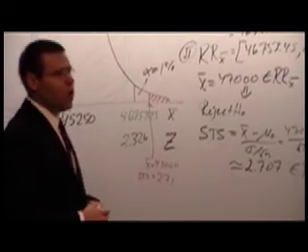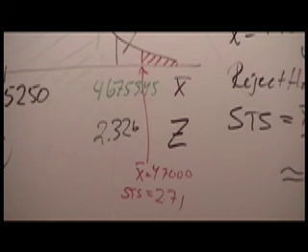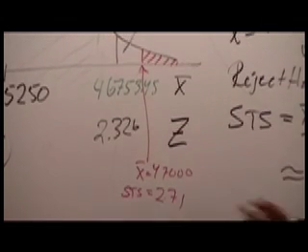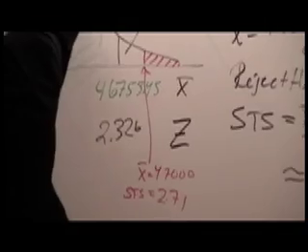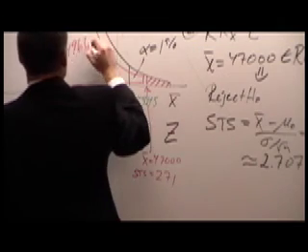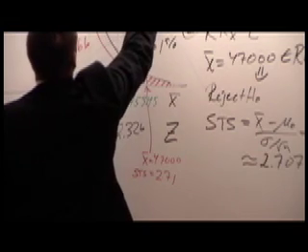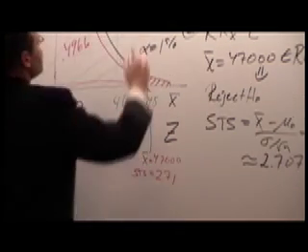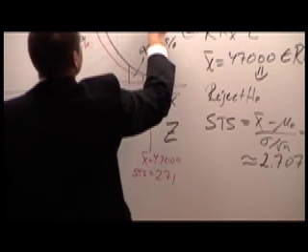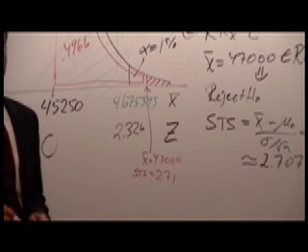We look up 2.71, what do we find? If you have the 9th edition version, this piece here is 0.4966, which means that the p-value is equal to 0.5 minus 0.4966, or 0.0034.